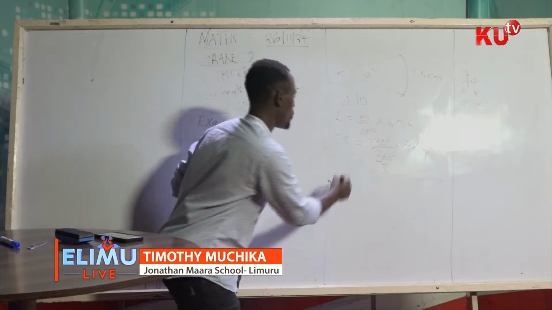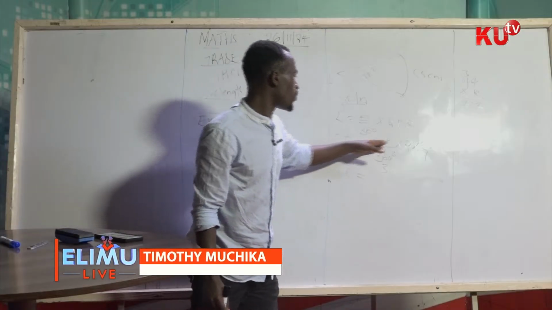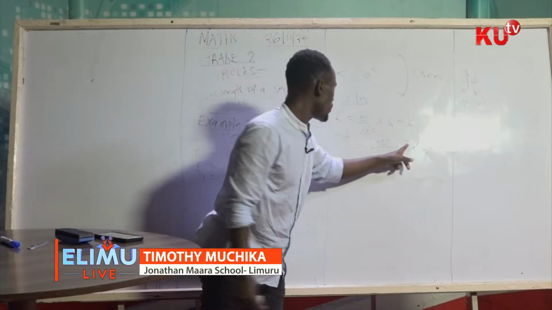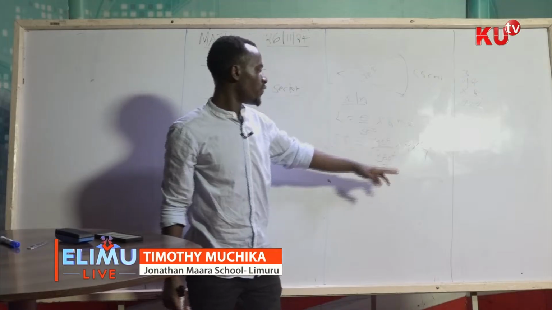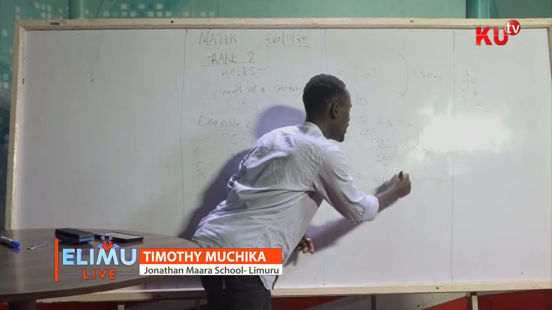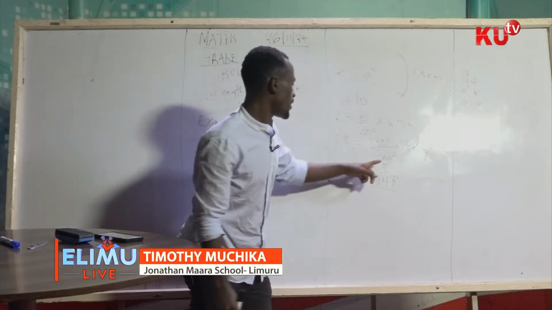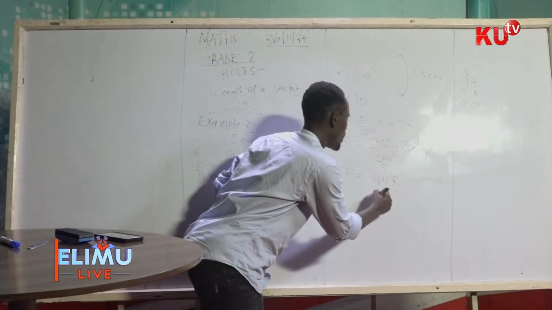No. So we have 88. We multiply the top constituents. 1 by 2, we get a 2. 2 by 22 we get 44 by r. So we get 44r over 3 by 7. 3 by 7 gives you 21.